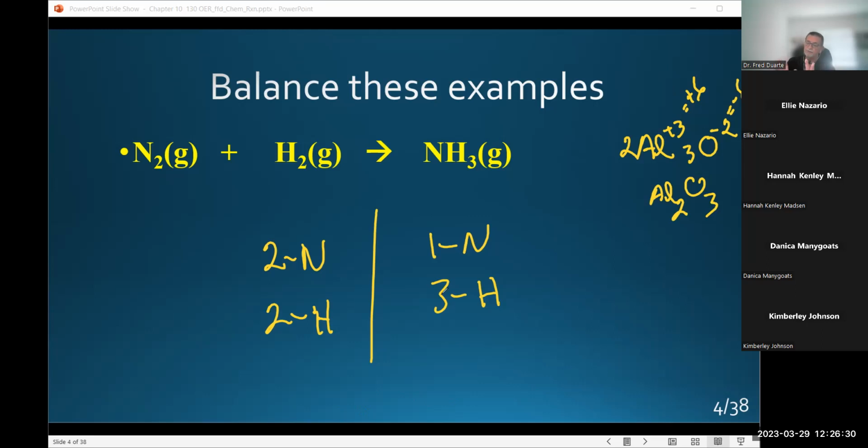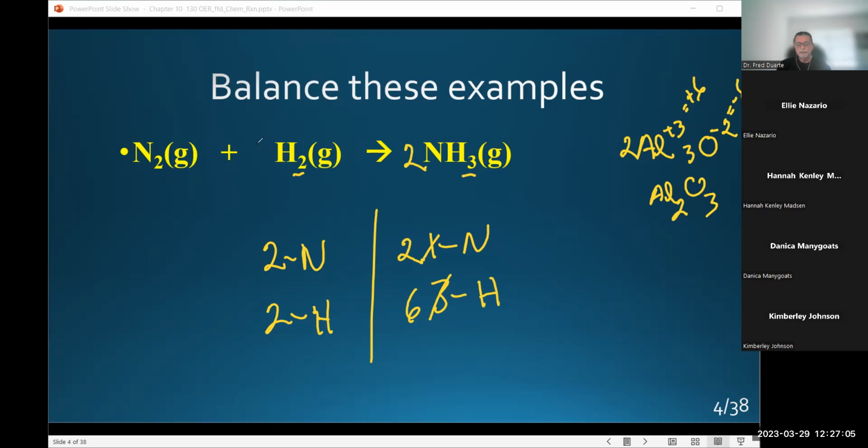We can use the same technique over here when we balance some reactions. If we take a look at hydrogen, for example, we have 2 hydrogens on the left side, but 3 on the right side. So what if we look for a common number, which in this case happens to be 6 again? That means that if I put a 2 in front of ammonia, it kicks up my hydrogens to 6, and it kicks up my nitrogens to 2.